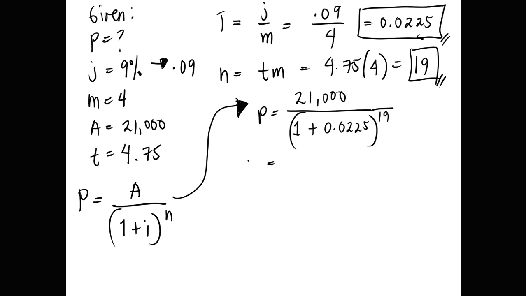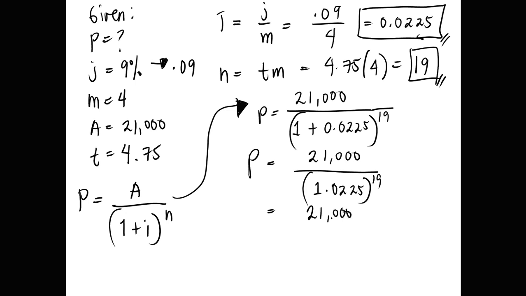Okay. So, follow the PEMDAS rule. We have 21,000 and then solve for 1 plus 0.0225. That is 1.0225 raised to 19. And then solve for the exponent.